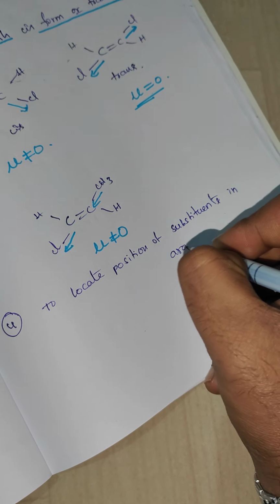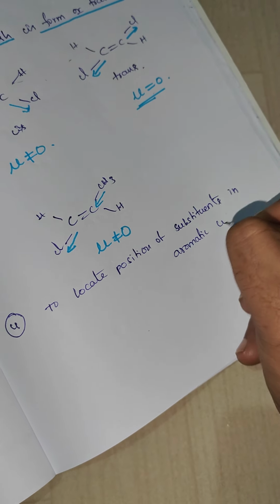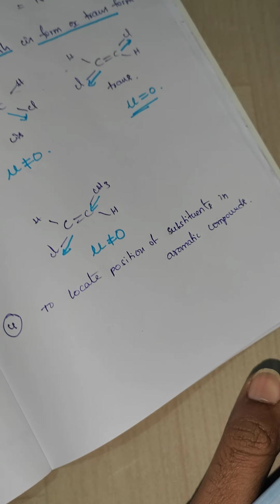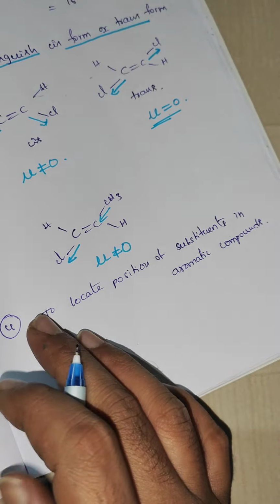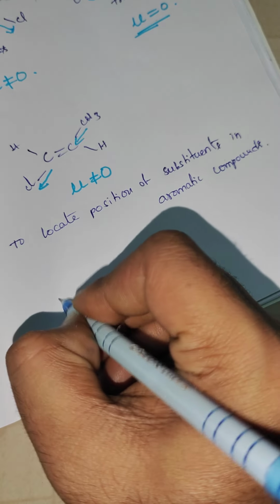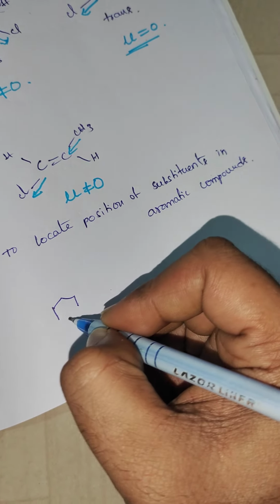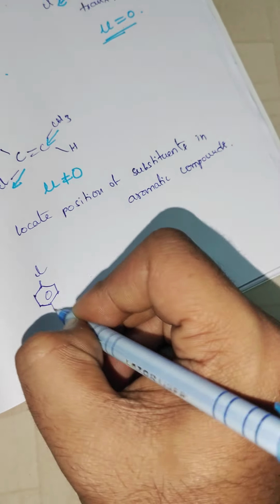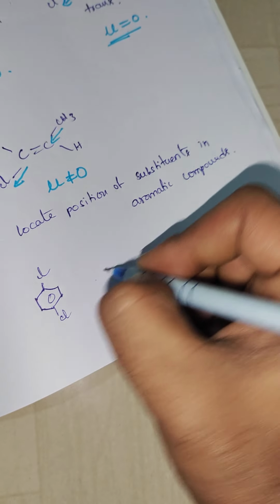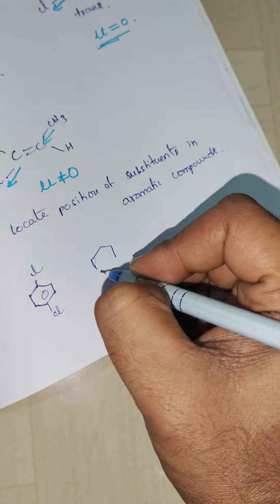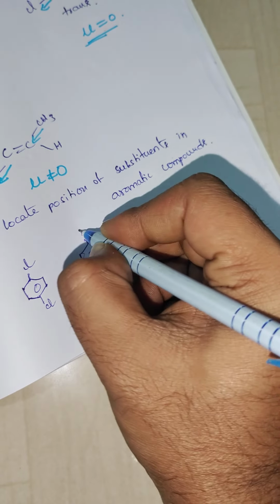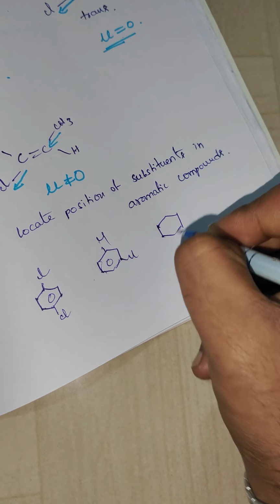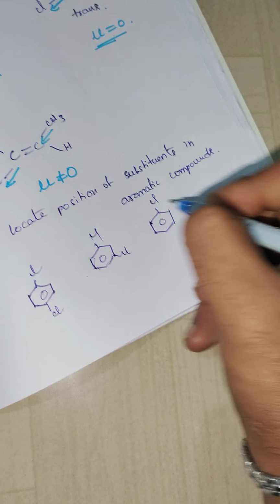You can take the example of para-dichlorobenzene, meta-dichlorobenzene, ortho-dichlorobenzene.